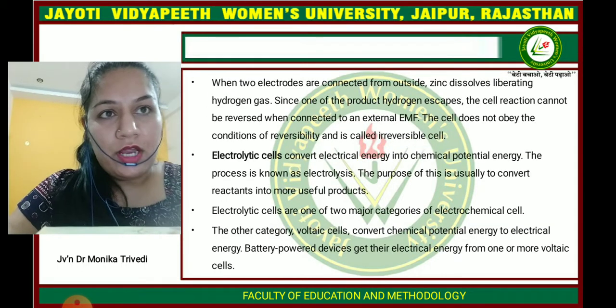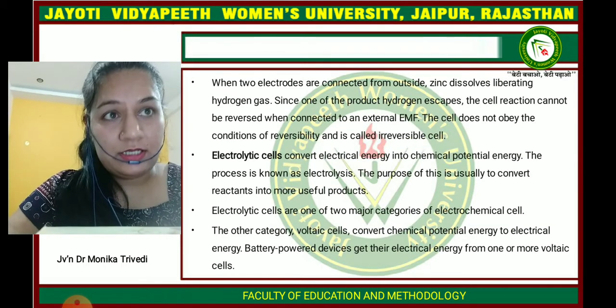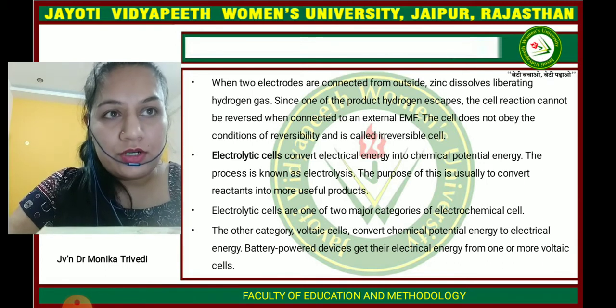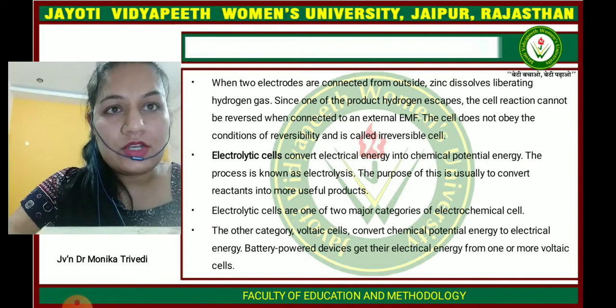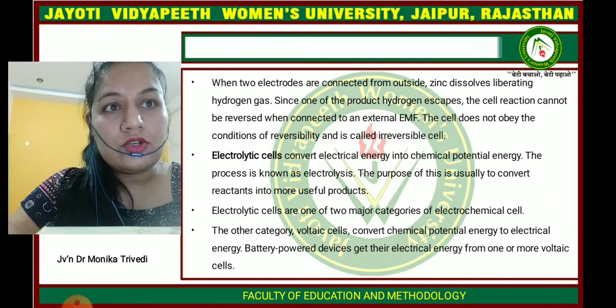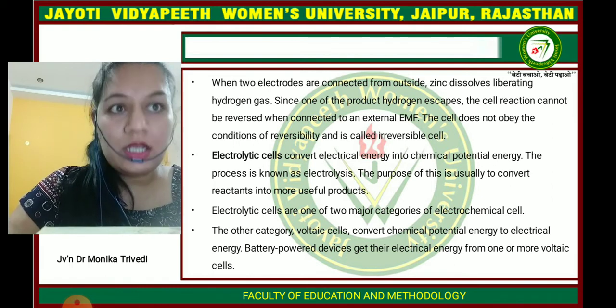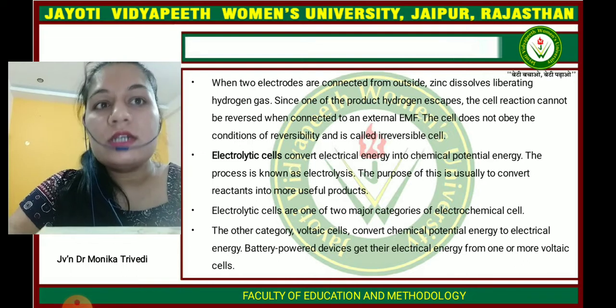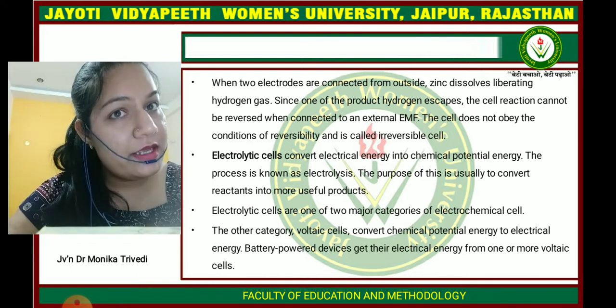When the electrons are connected from outside, the zinc dissolves and liberates hydrogen. Since one of the products, hydrogen, escapes, the cell reaction cannot be reversed when connected to an external EMF source. Cells that do not obey the condition of reversibility are called irreversible cells.